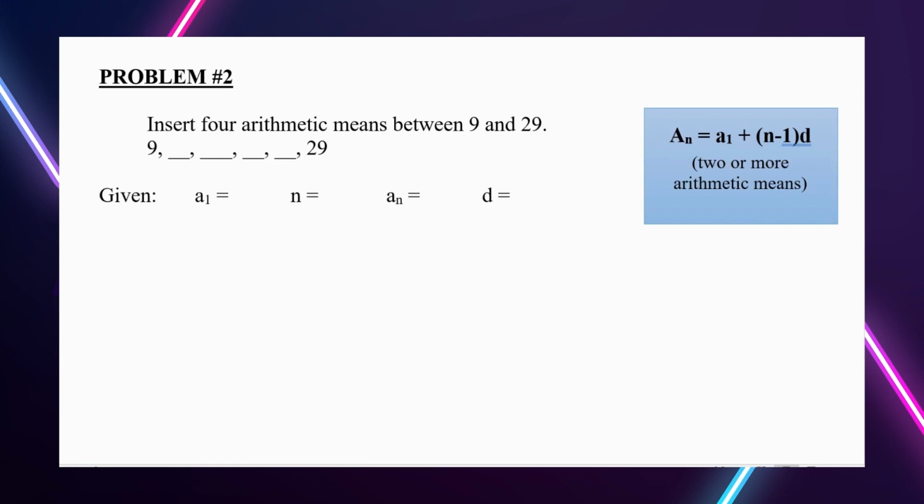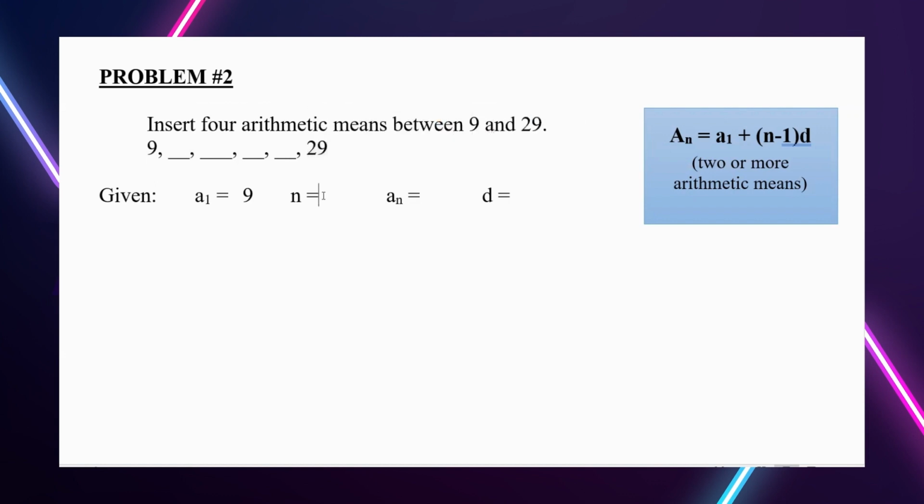Based on the problem number 1, let us identify the value of a sub 1. A sub 1 is the first term which is 9. N is the nth term of the sequence. We have 1, 2, 3, 4, 5, 6.